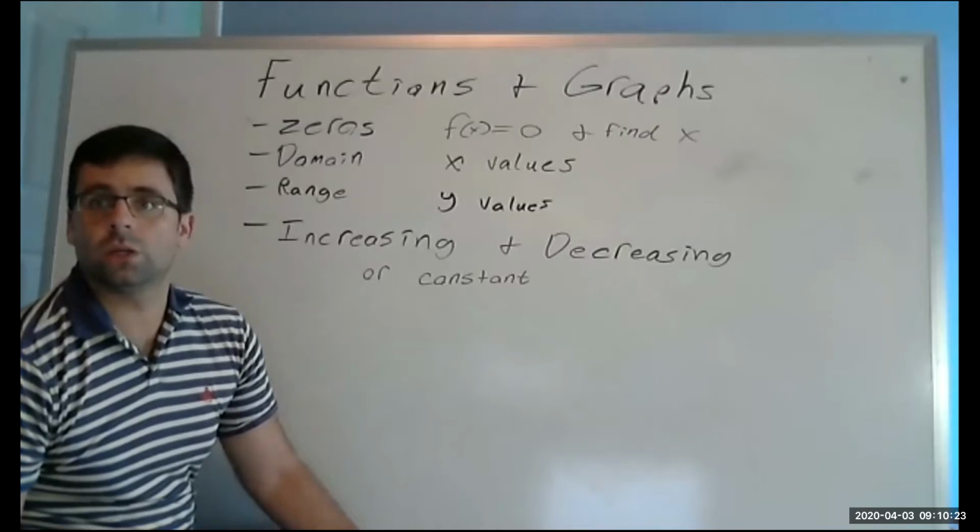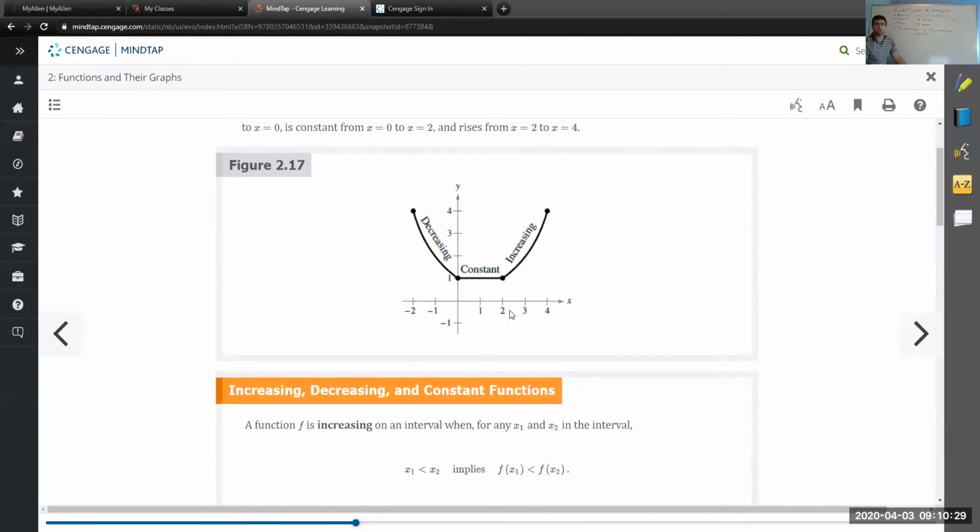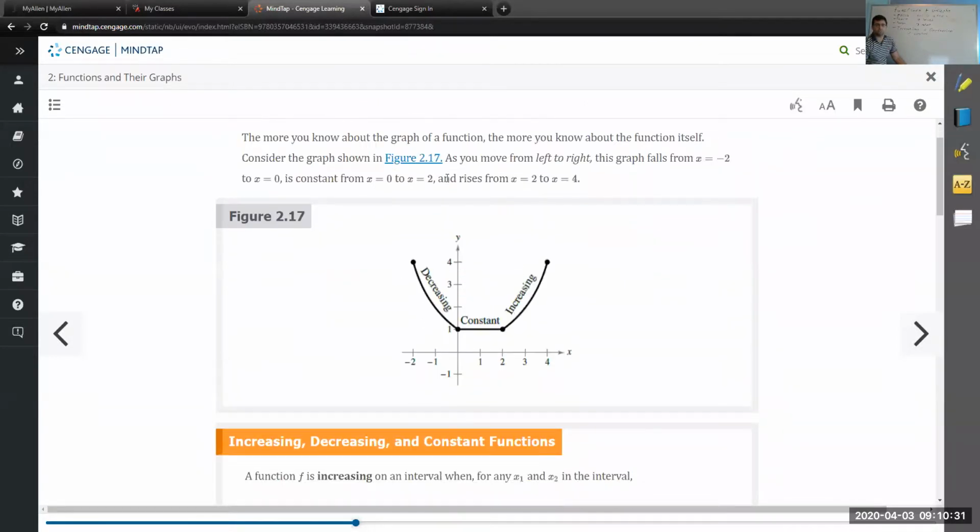To show you a picture of what I mean, you have something like this. This is our function, this is a graph, and over this interval, it's a decreasing function. Over this interval, it is constant, and over this interval, it is increasing.